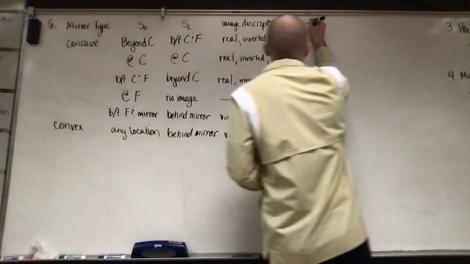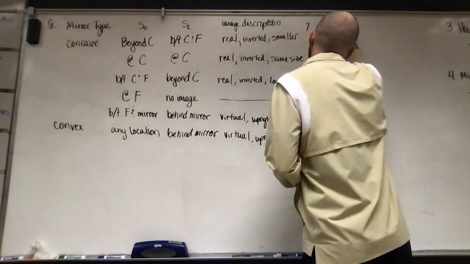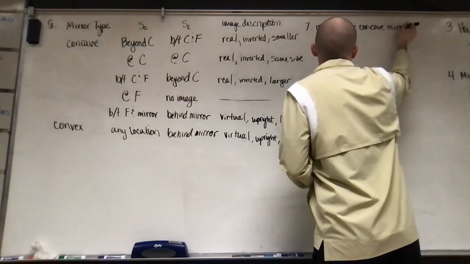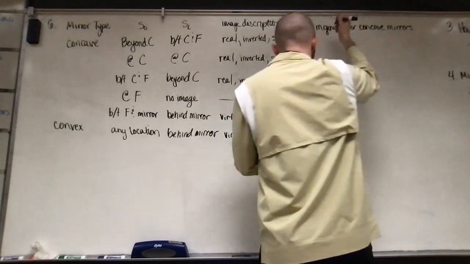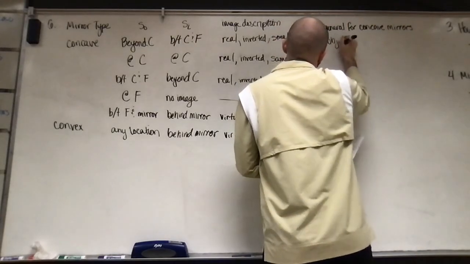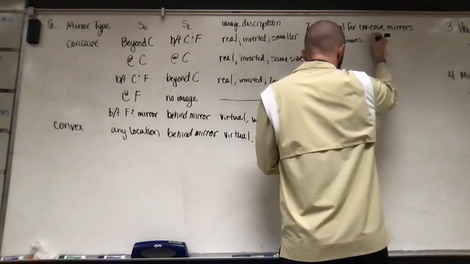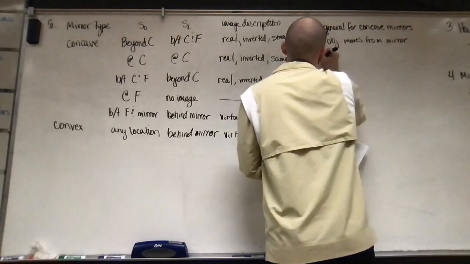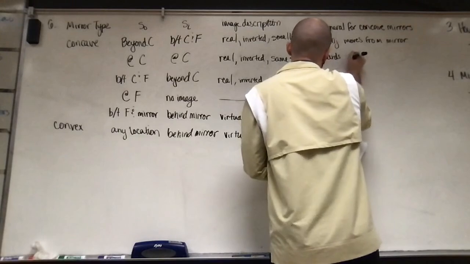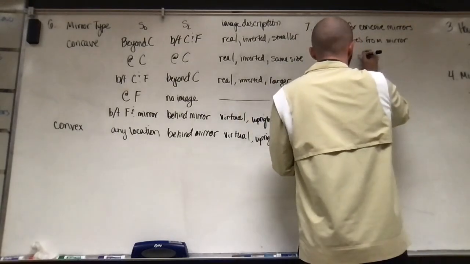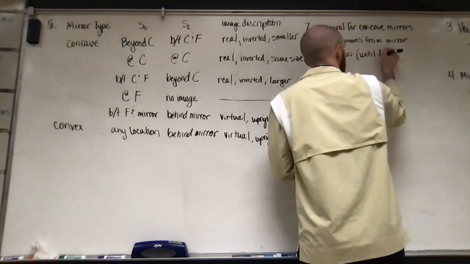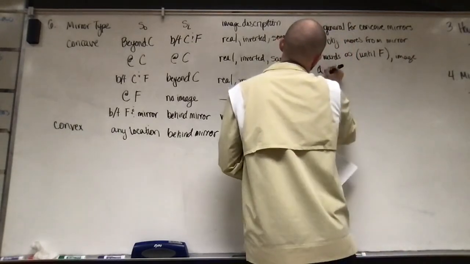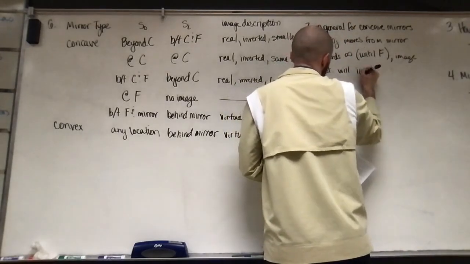So number 7, in general, for concave mirrors, as your object moves from the mirror towards infinity, and this is up until you get to the focal point, so until F, your image distance will increase.